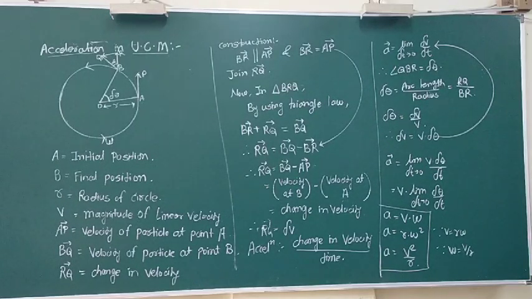Using the relation between linear and angular velocity, V is equal to R omega, we get A is equal to R omega square, or using omega is equal to V upon R, we get A is equal to V square upon R. This is the most important derivation. Okay, thank you.